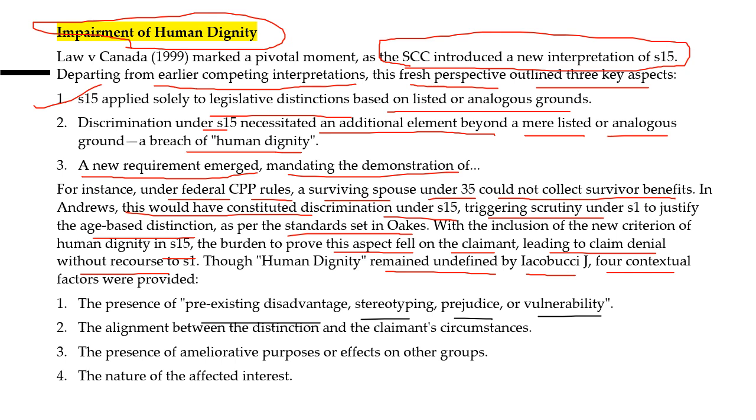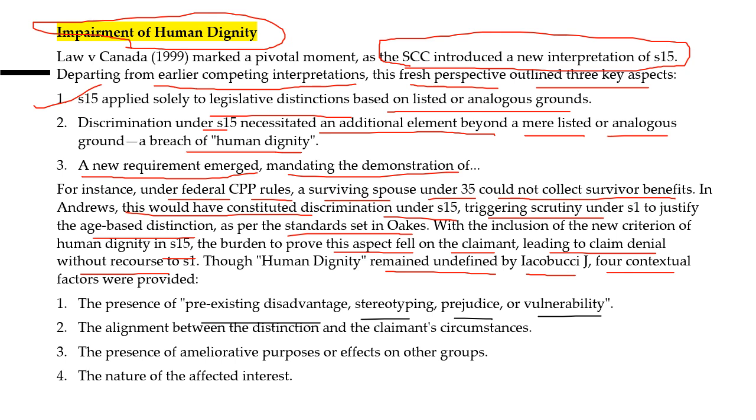So the court said that if you have to look into impairment of human dignity, if you want to bring this concept into the picture in addition to listed or analogous grounds, then there are four factors that you have to keep in mind. Number one, whether a particular disadvantage, stereotype, prejudice, or vulnerability was already existing.